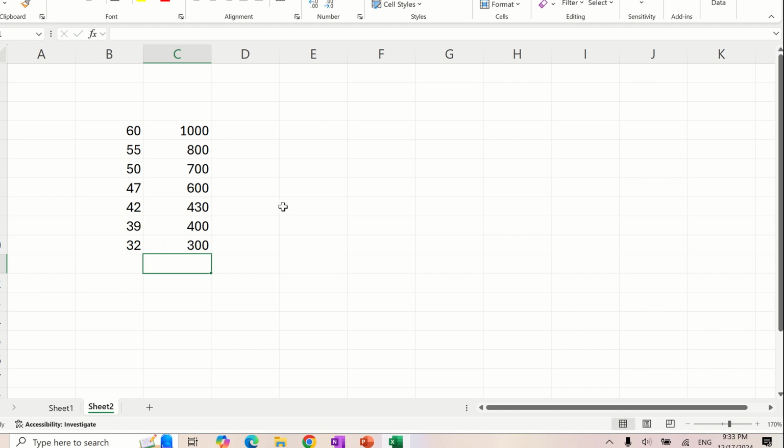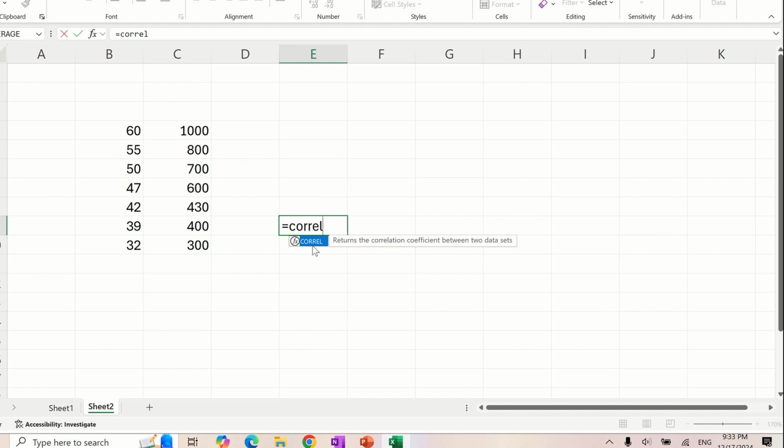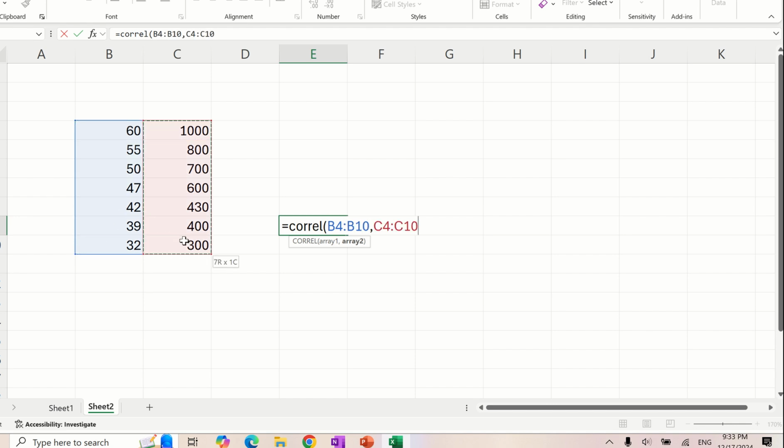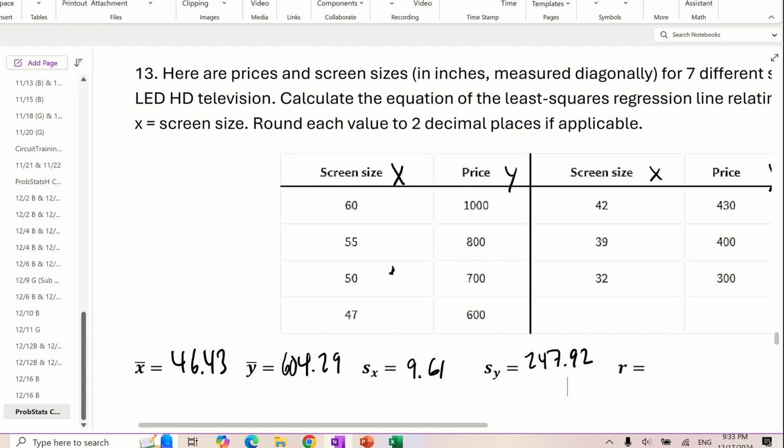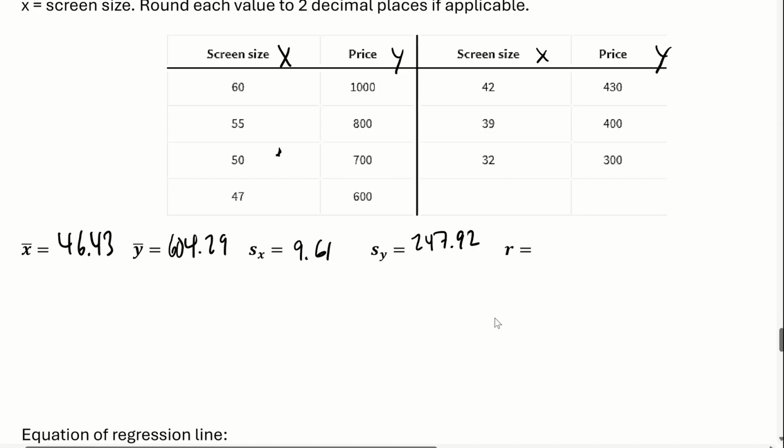All right, and then to do the correlation, you can type in equals CORREL. That stands for correlation, parentheses, and then you select this number, comma, and then these numbers. And then there's your correlation, so it's 0.984. Okay? So we can go ahead and go back here and say, okay, so R is 0.984.